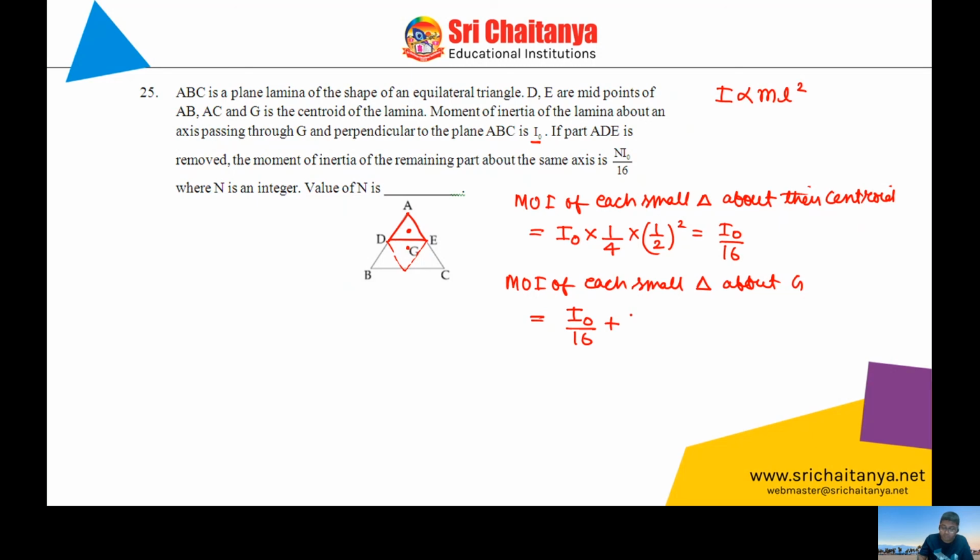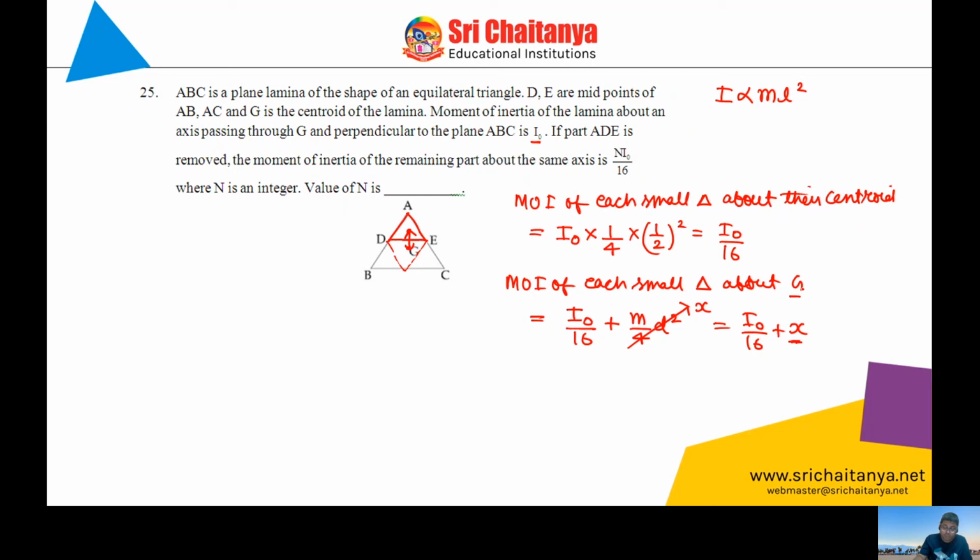Let's say its mass is m by 4, and let's say the distance between the corresponding centroids is d. So this will be something like this. And let's say this term I can denote as x, just for my convenience. So that is I naught by 16 plus x over here. So this is the moment of inertia of each small triangle, and you should realize that it is about G.